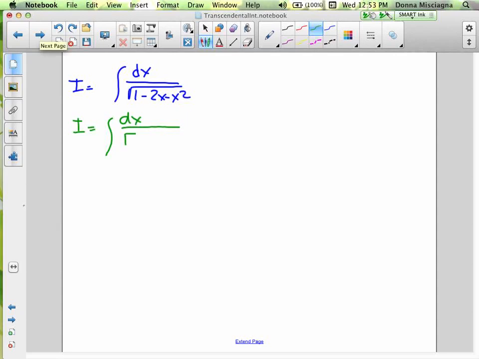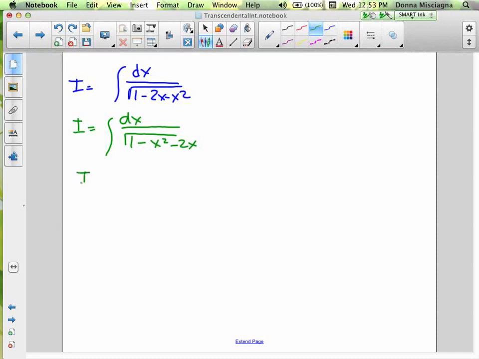And then inside the square root, let's rearrange the order here. I'm fine with the 1 being first, but let's rearrange the x squared and the 2x. So we've got 1 minus x squared minus 2x. Now, if we're going to do completing the square, we have to have x squared, not minus x squared. So let's factor out the negative.